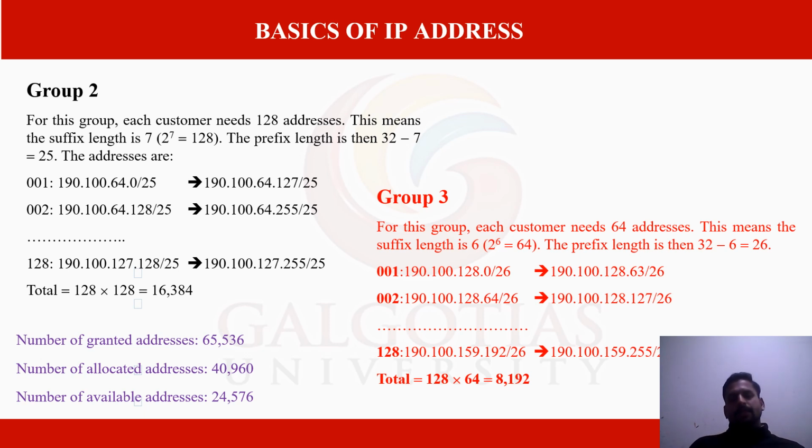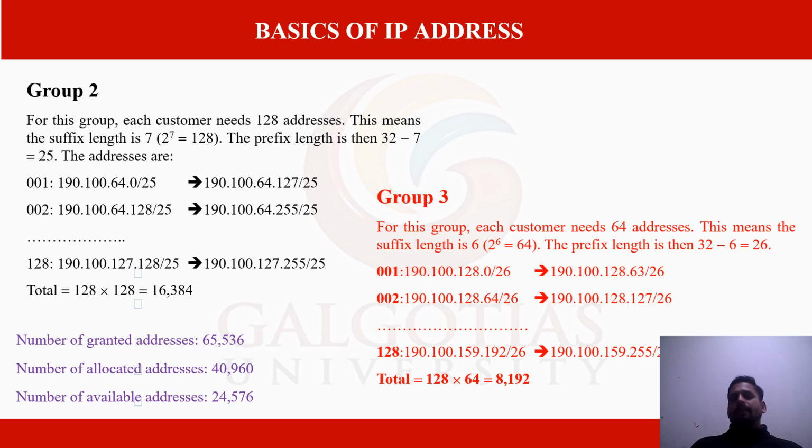For group 3, you see the conditions, they are giving 64 addresses, right? First we need to find the 2 power n value that gives 64. So 2 power 6 gives the value of 64. We need to subtract that 6 from 32, so it gives 26. So we know that 26 is the slash notation for this group.